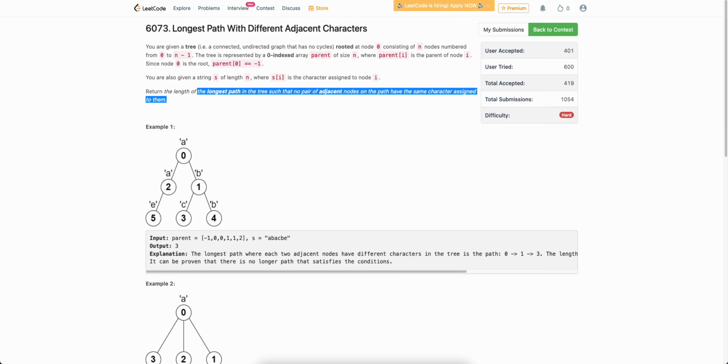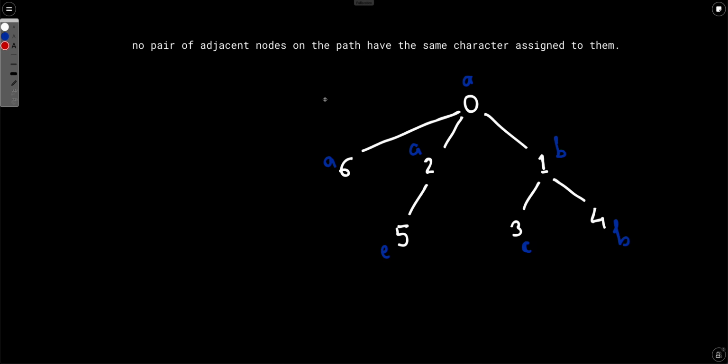So let's understand this with an example. Let's say this tree is given to us containing these 7 nodes, 0 to 6, and these are the characters assigned to every node. So A is assigned to the 0th node, A is assigned to the second node, and so on. Now let's say you have to find the longest path. Let's say you take this path.